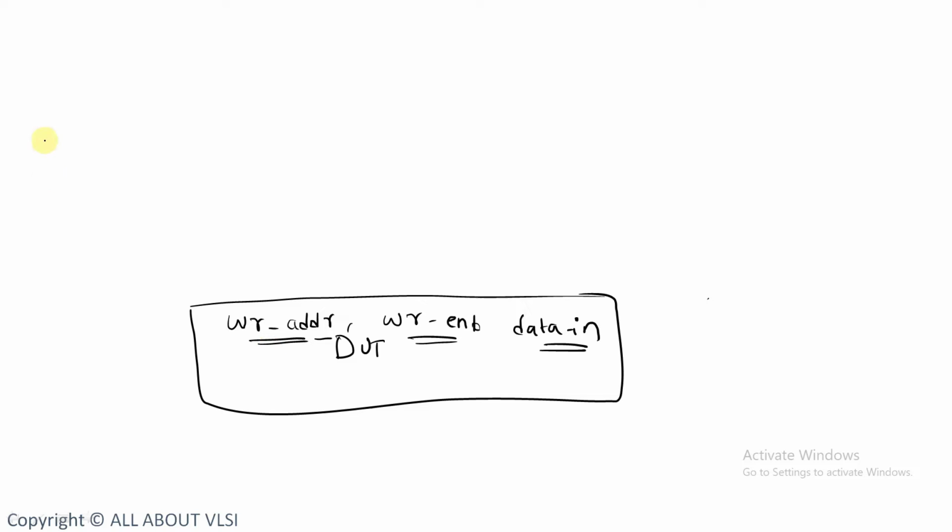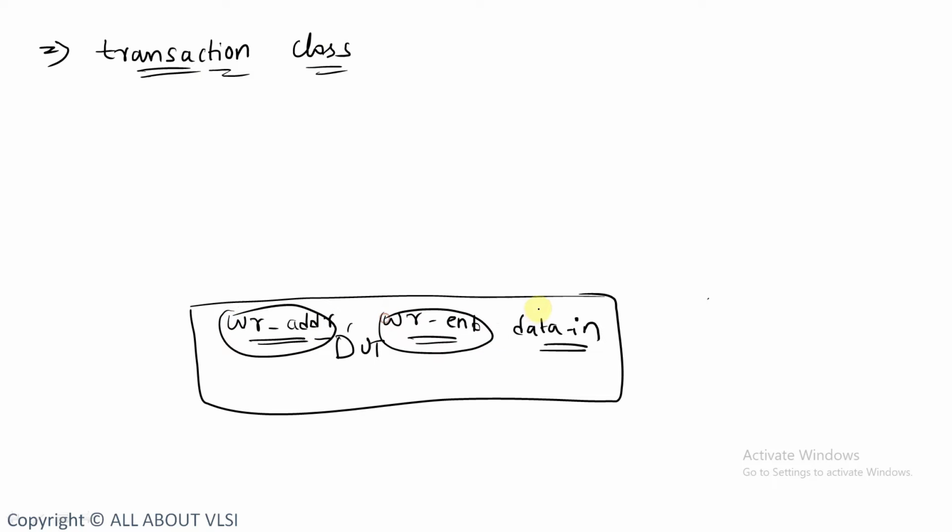Now let us talk about SystemVerilog. In SystemVerilog, we were creating a transaction class which holds these data items. In the transaction class, these are declared with the rand keyword: rand write address, rand write enable, rand data in.